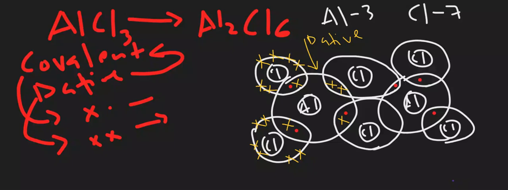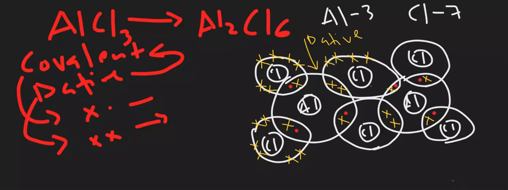This one will give it 1, this one will give it 1, but this one will give it 2 electrons, and this other one will give it 1. But this chlorine has given 2 to the other one and 1 to this other one. How many electrons will it be left with? It has given 3, so it will remain with 4. 1, 2, 3, 4 electrons.